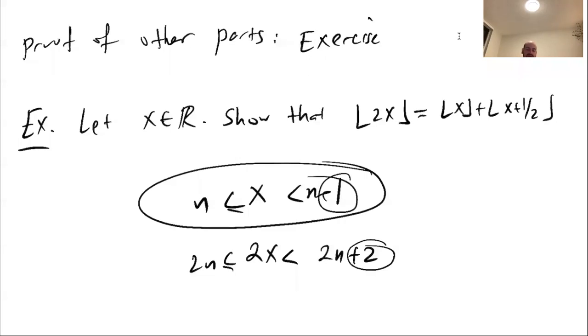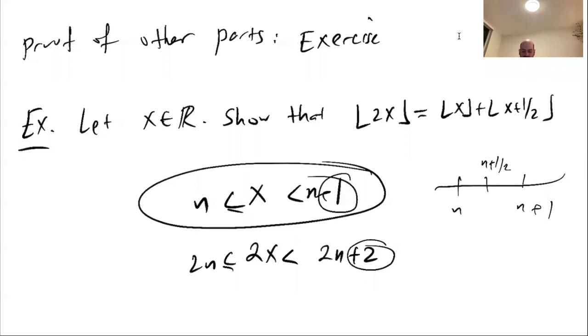If you look at the real line, let's say this is n, this is n plus 1, this gap is too big. But if I divide this into 2 parts, from n to n plus 1/2, and then from n plus 1/2 to n plus 1, then that gap is small enough to help me understand or calculate the floor of 2x.